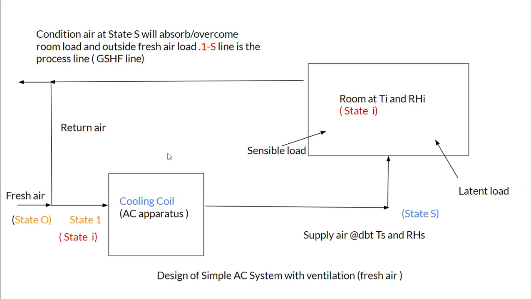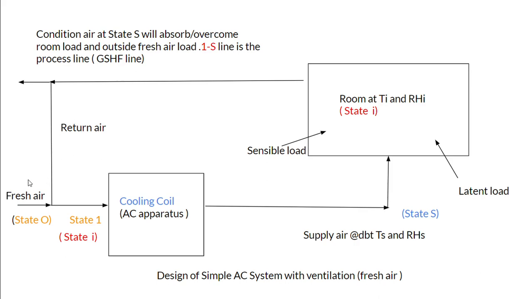When you want to convert this mixed state 1 to the supply state S, the cooling coil would condition that, and this state 1 to state S line is called a condition line, or it is also called a grand sensible heat factor line. There has to be a certain proportion in which the fresh air and return air have to be mixed.